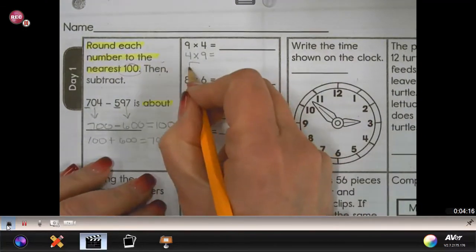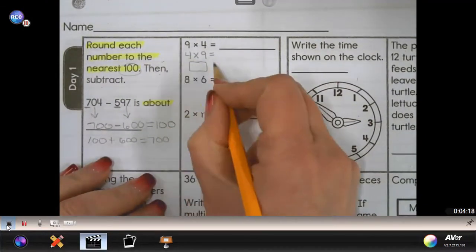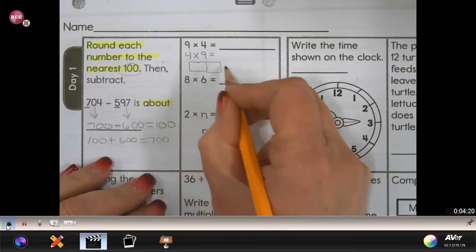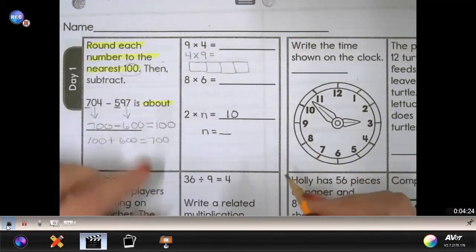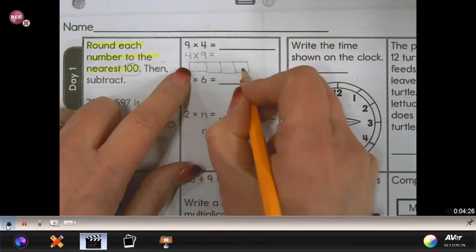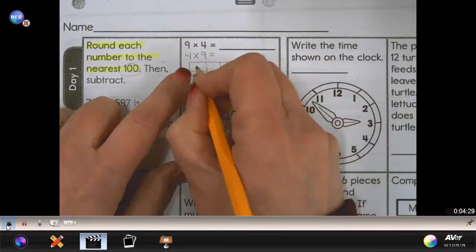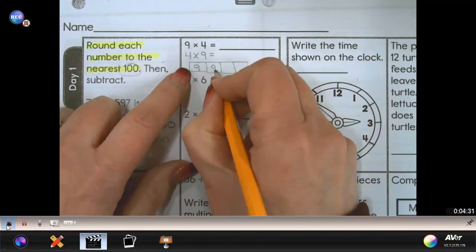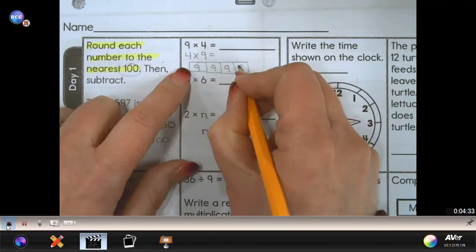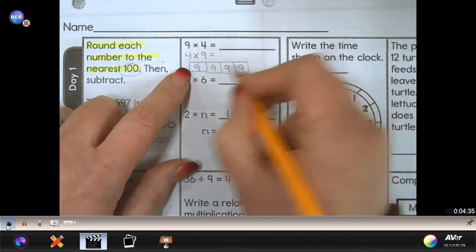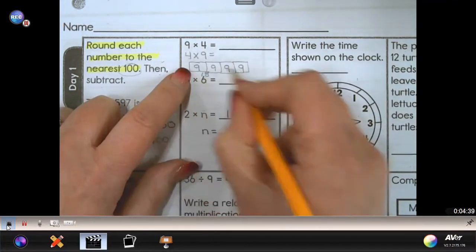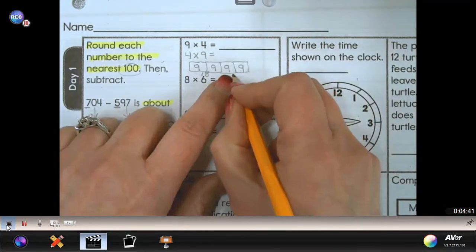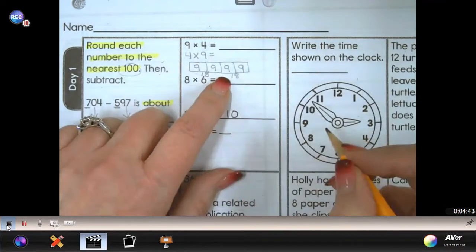So I could do 4 groups, 1, 2, 3, and 4, and there's 9 objects in each group: 9, 9, 9, and 9. So 9 plus 9 is 18, and these two groups of 9 plus 9 are also going to be 18.